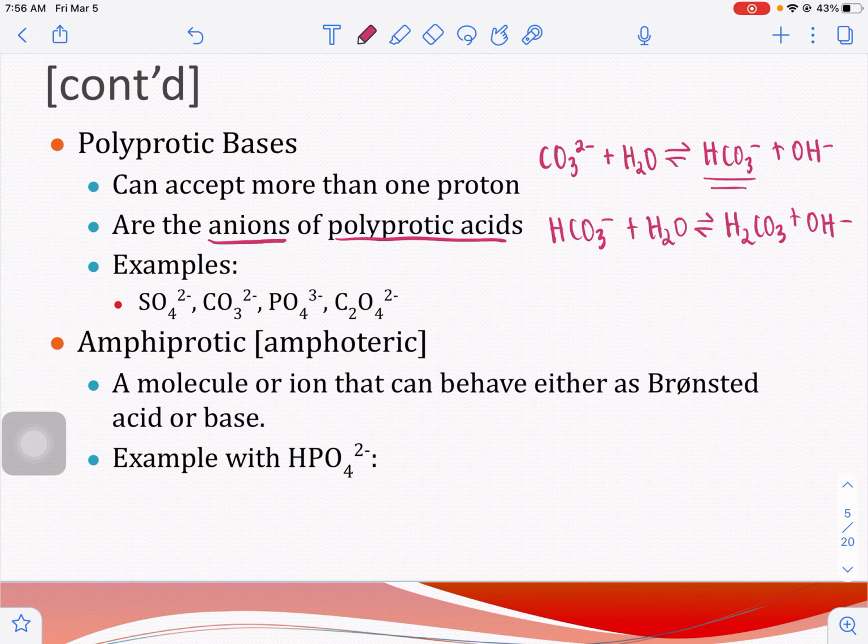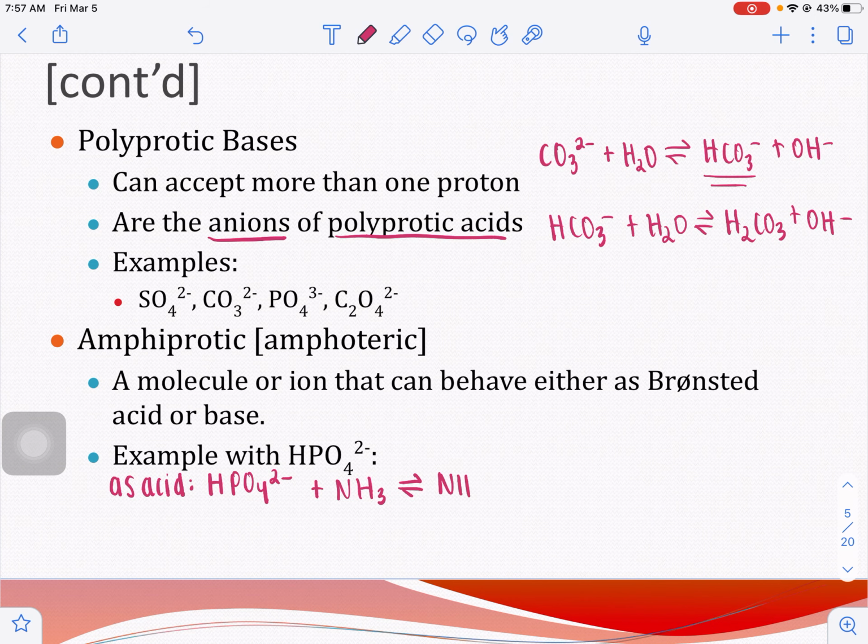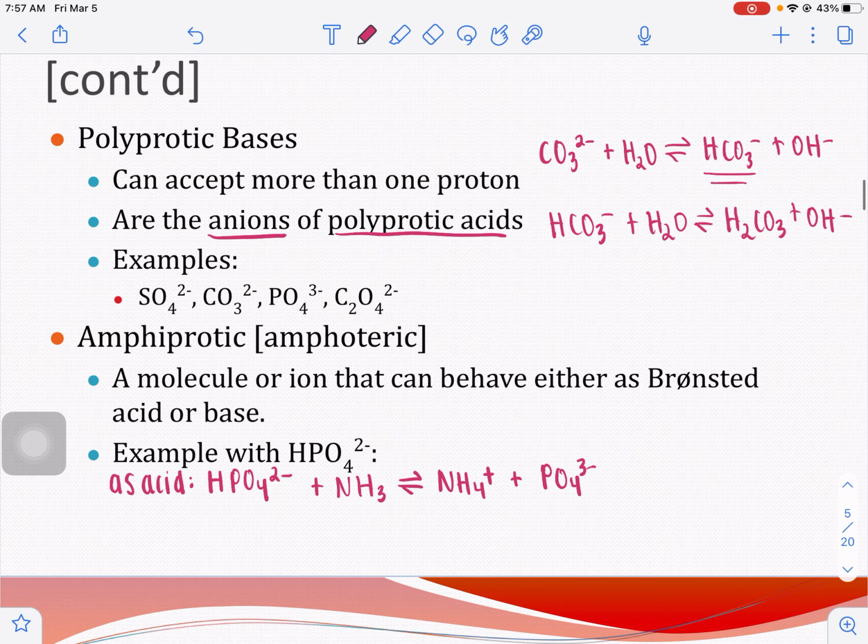So we can have it as an acid, so we'll react it with a base. So we can take HPO4 2 minus, we'll do ammonia as kind of our generic base. It'll act as an acid, so it's going to give away the H+. So ammonia will take an H+ and become ammonium. HPO4 2 minus will lose an H+ and be PO4 3 minus.